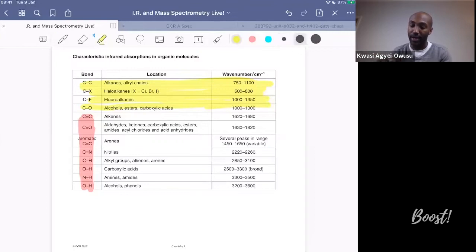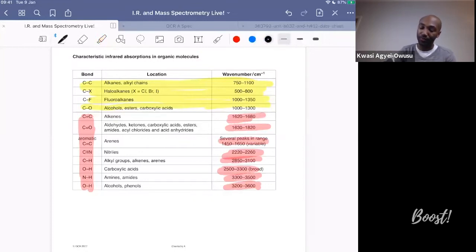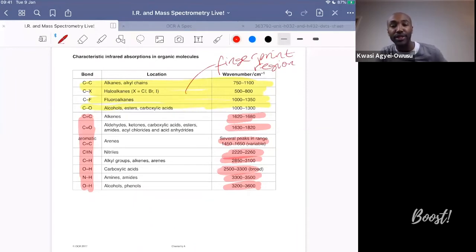So if I change highlight colors and consider these infrared absorbances here, we've got the yellow fingerprint region, which we can label. And then we've got the key bonds that we need to know about and be able to interpret correctly in our infrared spectrum.